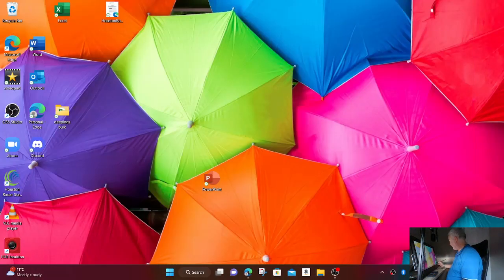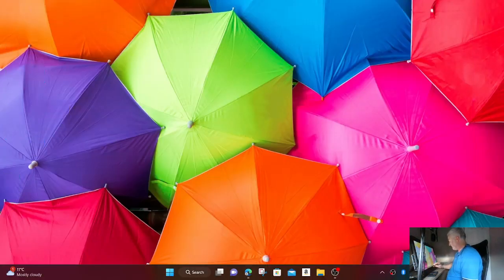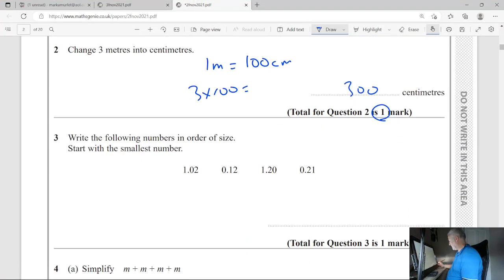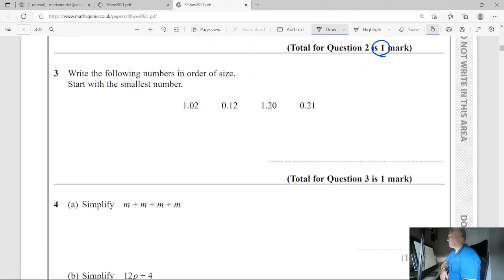Question 3. Write the following numbers in order of size. Now again, the calculator is not going to help you on this particular one; there is no calculation to do.